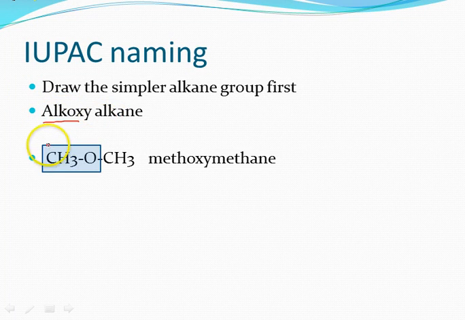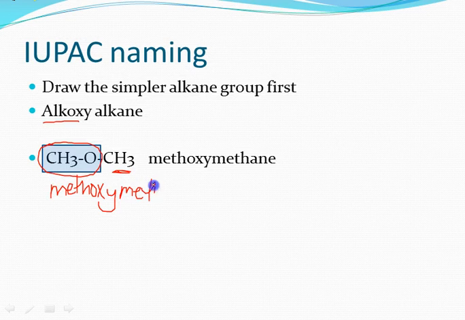So for example, if we go back to the dimethyl ether that we had just looked at, this part that I've highlighted in blue would be the methoxy. And then this is the methyl derivative. So methoxymethane is where that's coming from, saying there's one carbon on the left of the oxygen and one on the right.